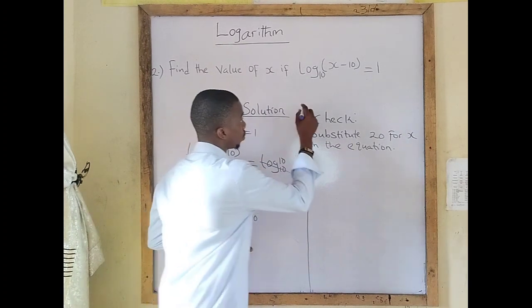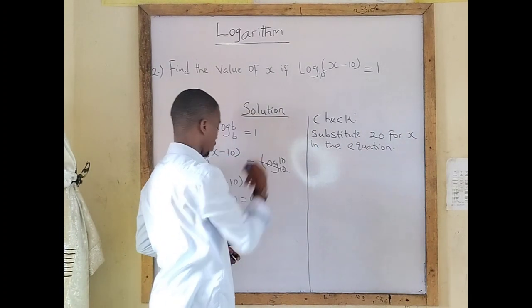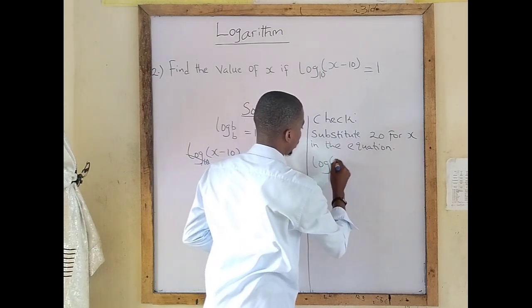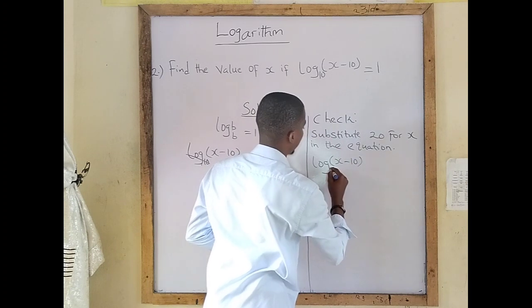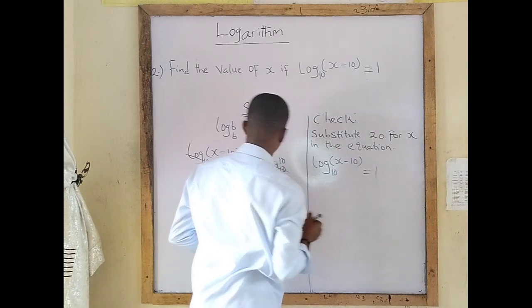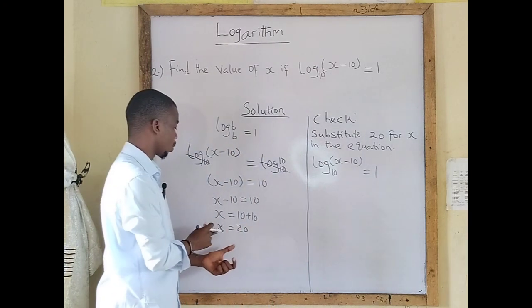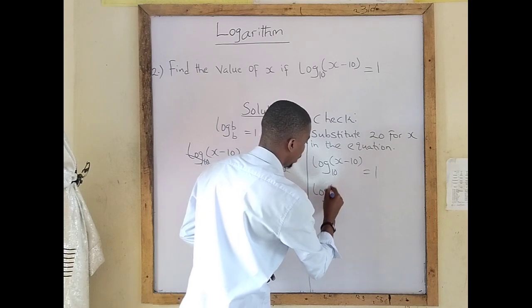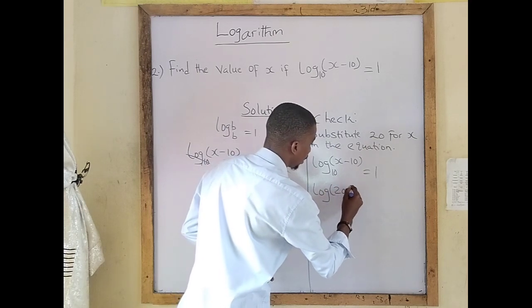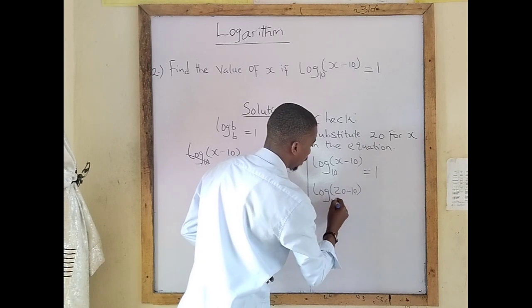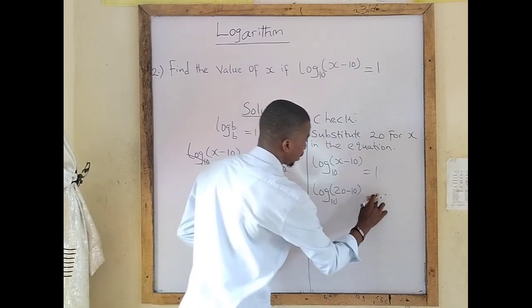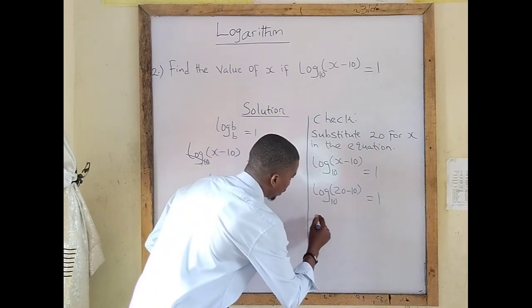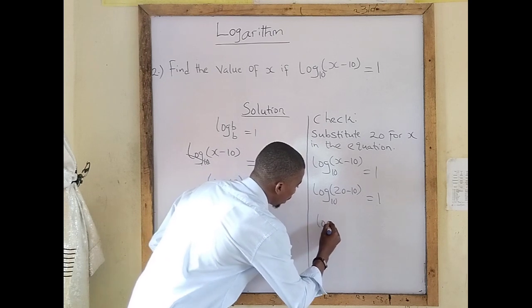So when we have x in this equation, we put our 20 because our x is equal to 20. So we have log (20 - 10), equal to 1. 20 minus 10 is 10.